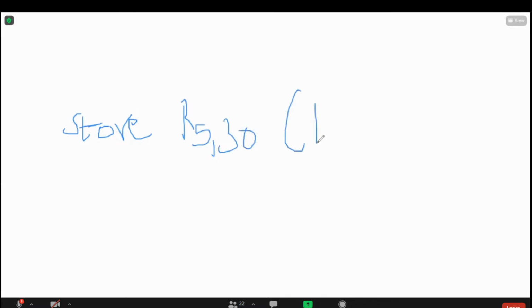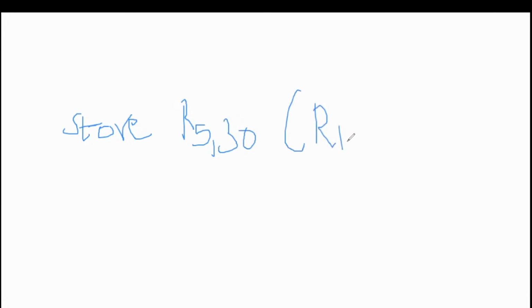Store R5, comma 30 of R1, comma R2. So what we are doing here: the value of R1 and the value of R2 we are taking and adding with 30. That will become the effective address.